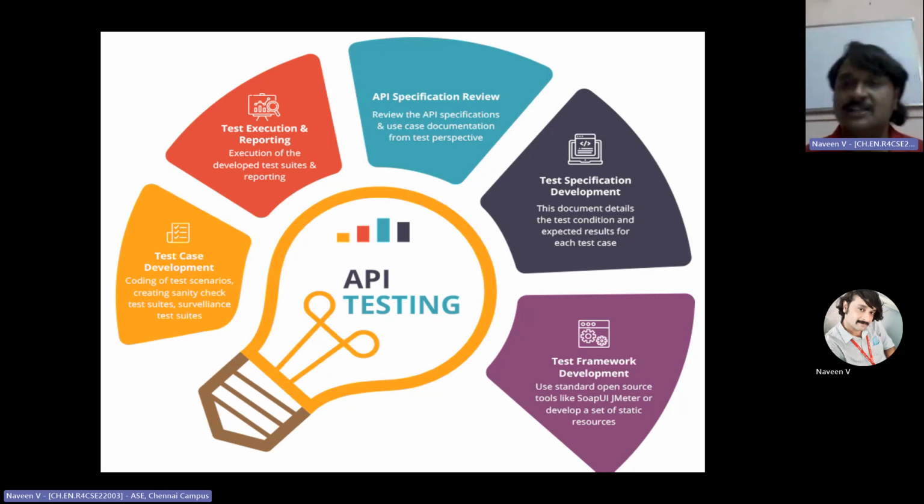Test specification development is a document which details the test conditions and expected results of each test case. We also have test frame development. And finally, we use standard open source tools like JMeter and SoapUI. These are all the steps we undergo with API testing.